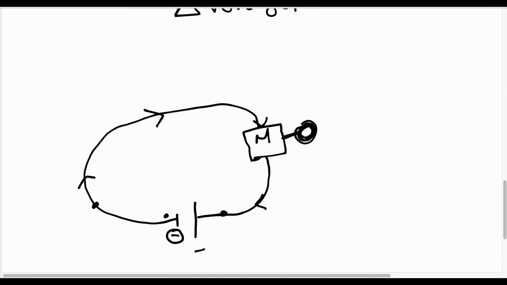Okay. So we want to calculate the potential difference between this point and that point. So how do we do this? We want to calculate delta V. Let's label these points. Maybe this is point A and that is point B. Delta V A comma B is equal to I times R.